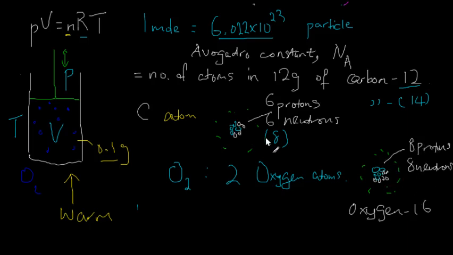Now compare this with the carbon atom. It's the same proton we are talking about. You don't get a different type of proton in a different element. Protons are exactly the same. Neutrons are exactly the same. So protons and neutrons are the building blocks. It's like the Lego pieces, if you like, or the bricks that we use to make houses. The same bricks can make houses of different shape.